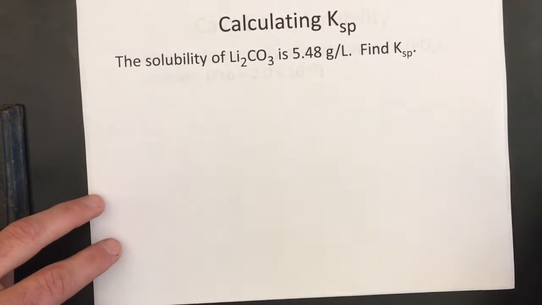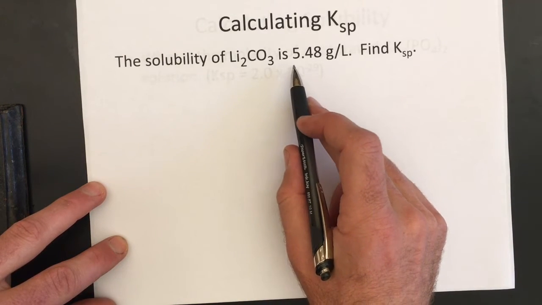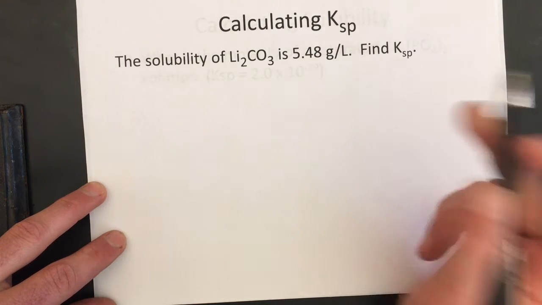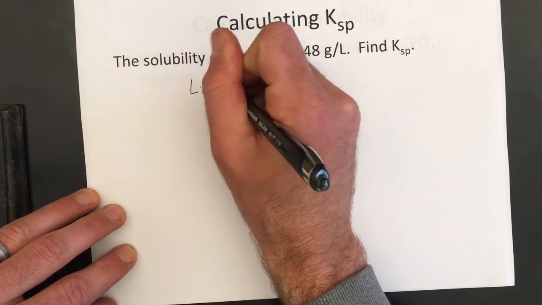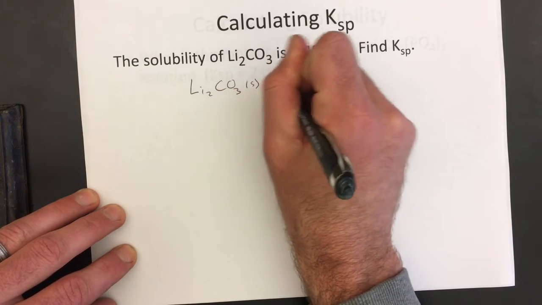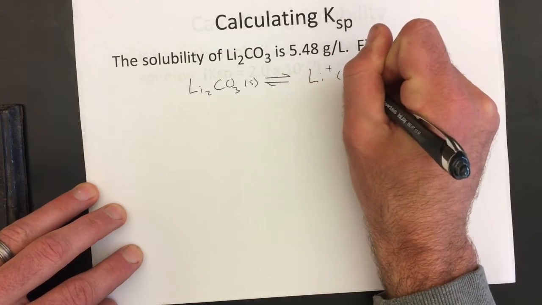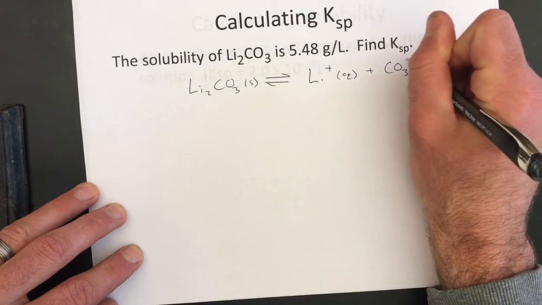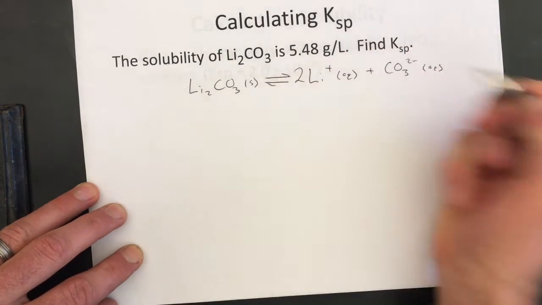Let's look at an example. Lithium carbonate has a solubility of 5.48 grams per liter, and we want to find the Ksp, the solubility product constant. So we'll write an equation first. We have lithium carbonate, which is a solid, establishing an equilibrium with lithium ions that are aqueous and carbonate ions, which are also aqueous, and then there'll be a 2 right here.